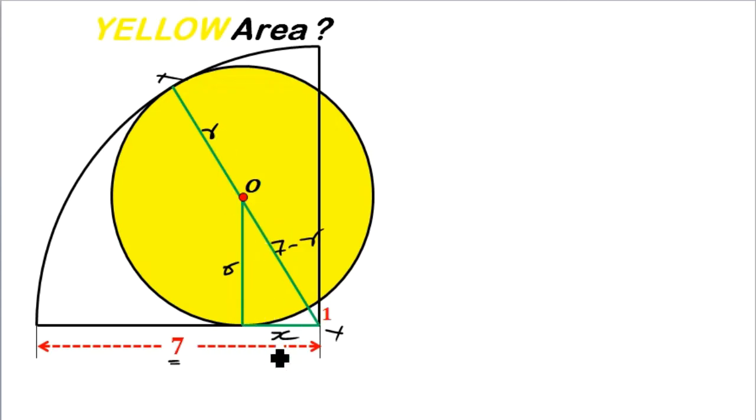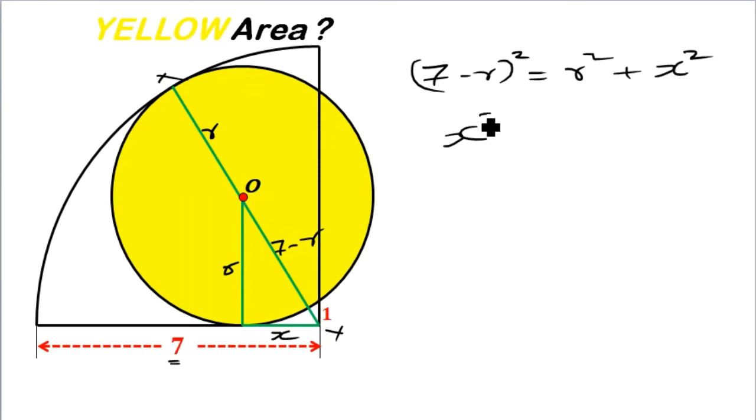If you use Pythagoras theorem in this case, you get the hypotenuse squared, which is 7 minus r squared, equal to the sum of the squares of the two shorter sides, that is r squared plus x squared. If you make x squared the subject of the formula, it will be 7 minus r squared, then r squared going to the other side, it is minus r squared.